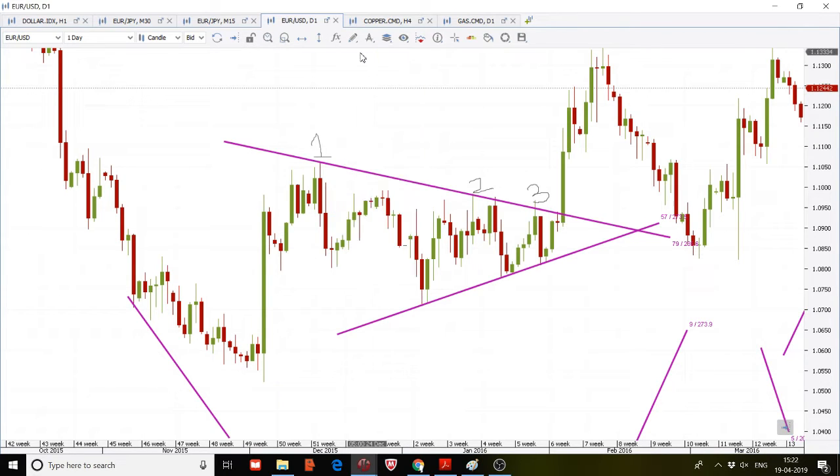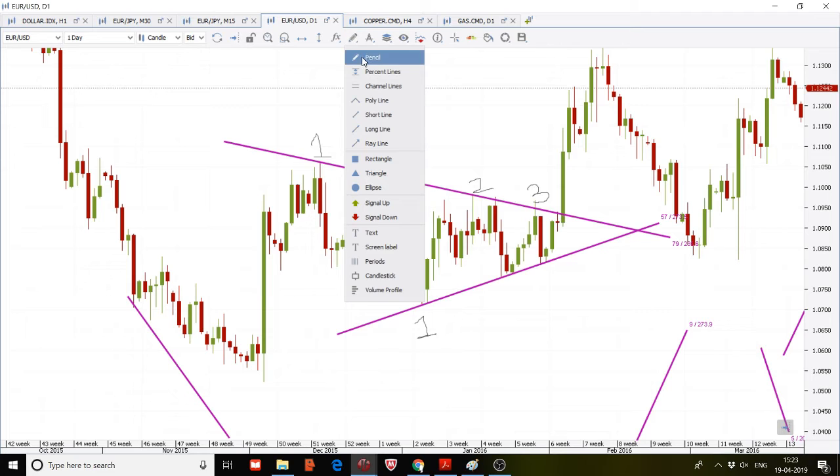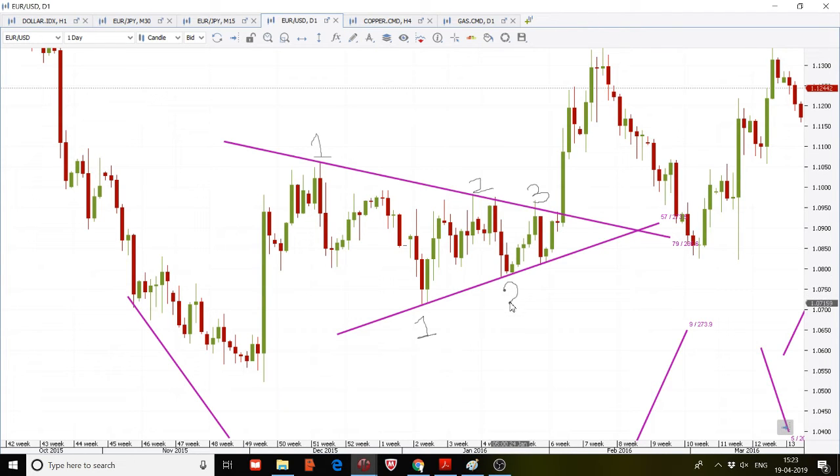On the lower side as well we have got the first touch, second touch, and third touch. Three points on the lower side, three points on the higher side, that only matters.